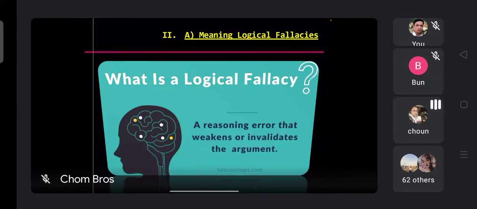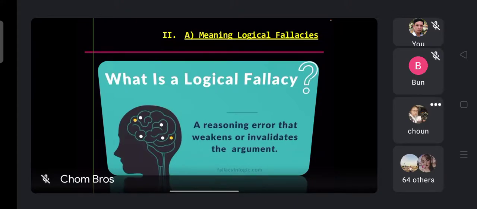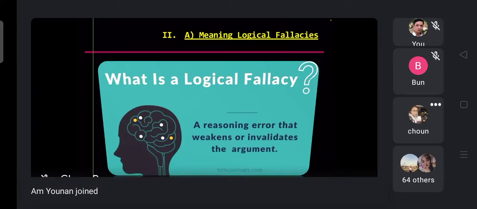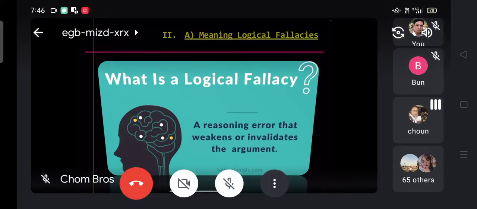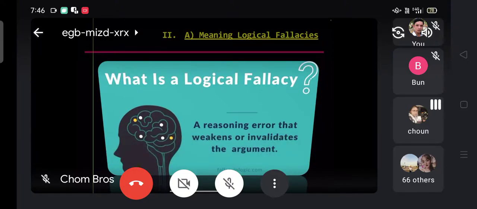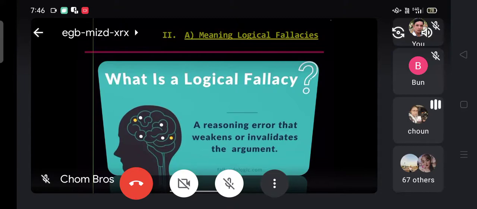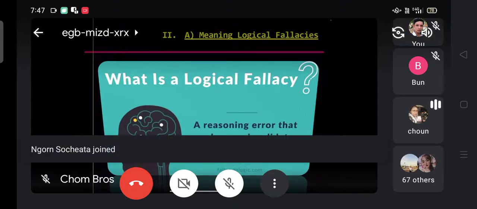Here we talk about the meaning of logical fallacy. What is a logical fallacy? It is an error in reasoning that weakens or invalidates an argument. A logical fallacy is an error in reasoning that makes your argument less effective and convincing. You want to be able to spot fallacies in other people's arguments so you can call them out, and avoid them in your own.